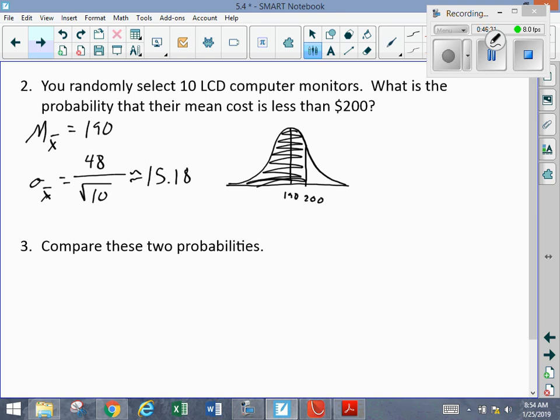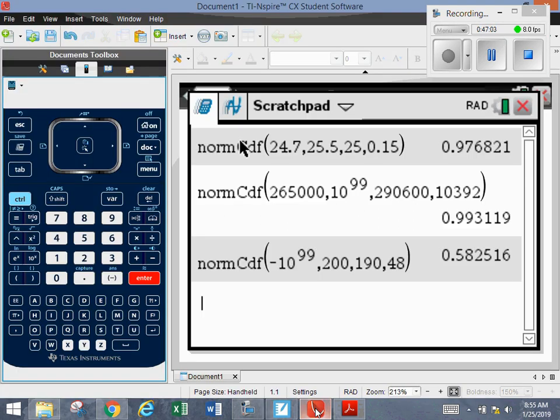But now we're going to calculate normal CDF, lower bound negative 10 to the 99, upper bound 200, mean 190. Standard deviation is different though. It's 15.18. The standard deviation for our sample. Let's go ahead and see how that's different.